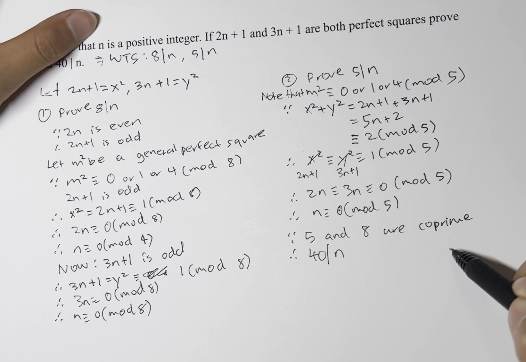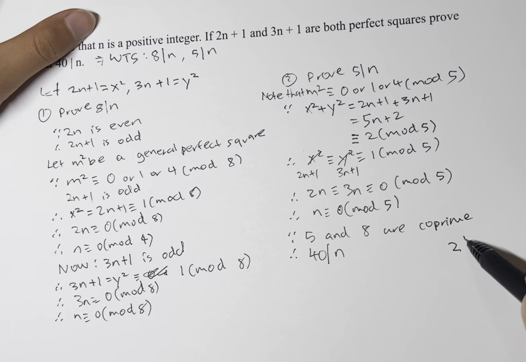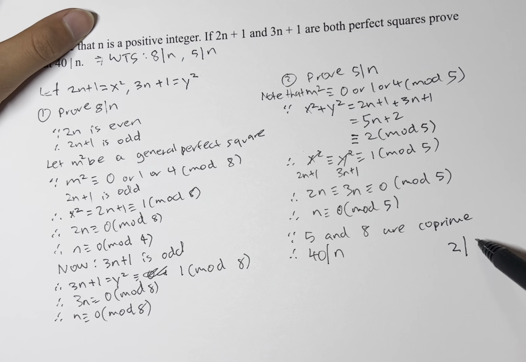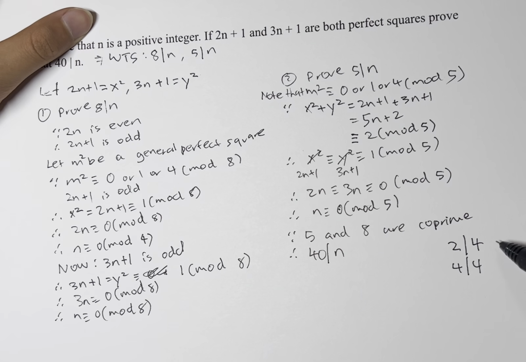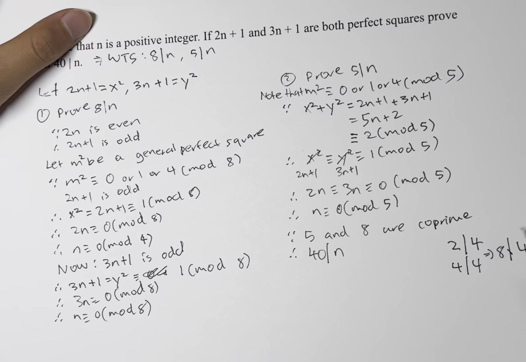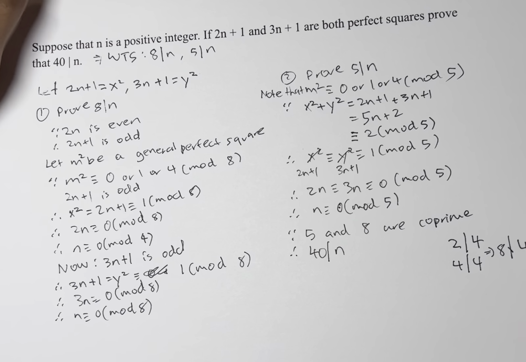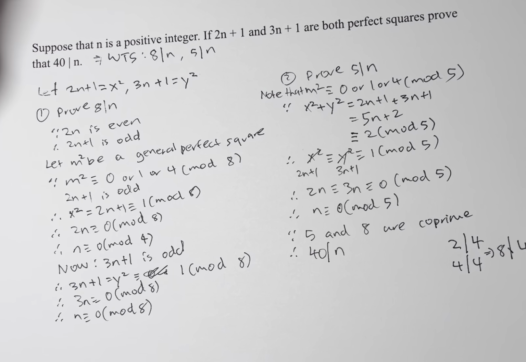Here, 2 is divisible by 2, and 4 is divisible by 4. So does this mean that 8 is divisible by 4? Well, no. Of course, 8 is divisible by 4, but the reasoning fails in general. So you have to make sure they're co-prime.